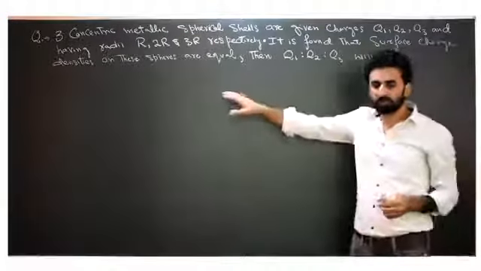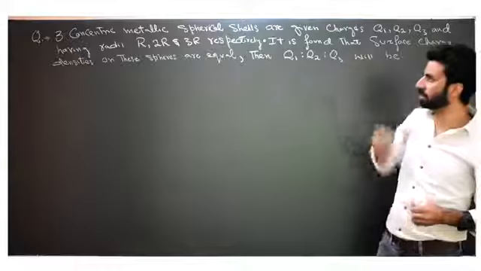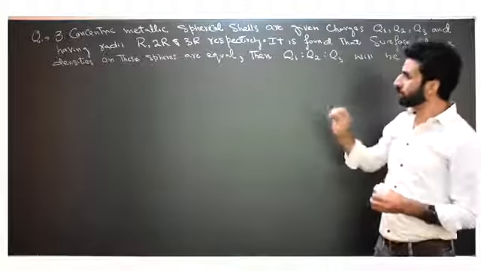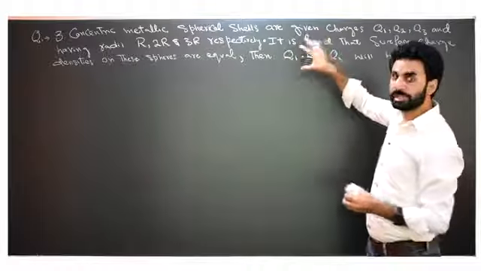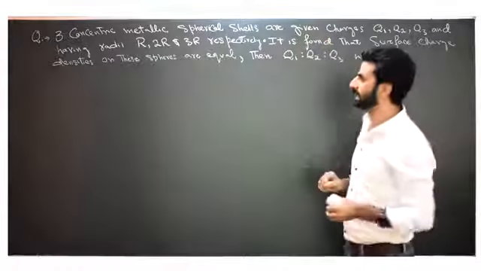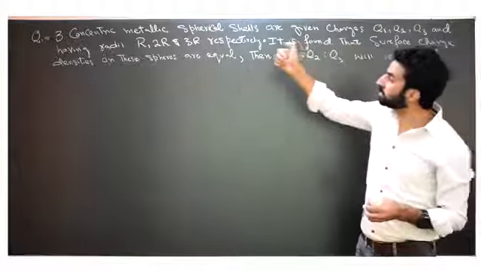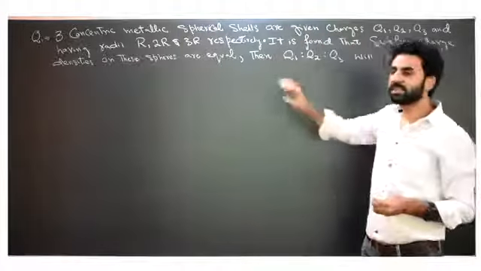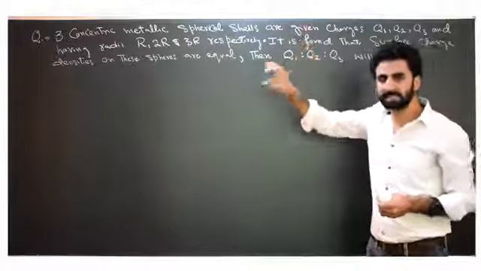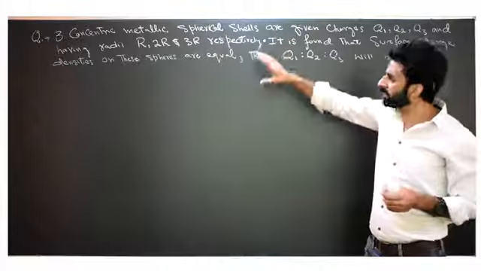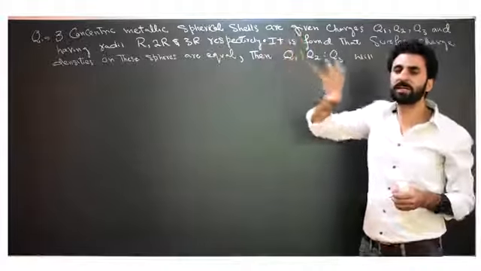Now, before going for the diagram and the calculations, what are the concepts which we need to incorporate while analyzing this problem? One, the surface charge density. We have a linear charge density, surface charge density and volume charge density. Surface charge density is charge divided by area.